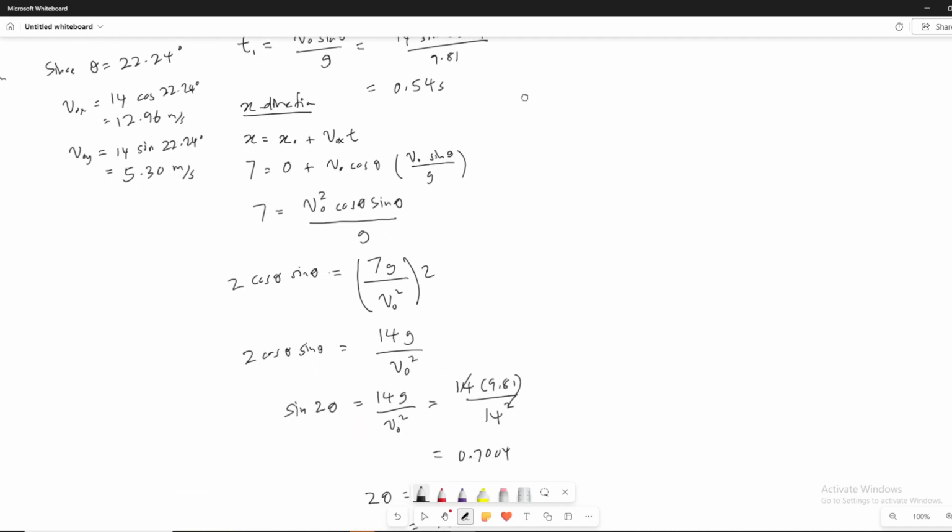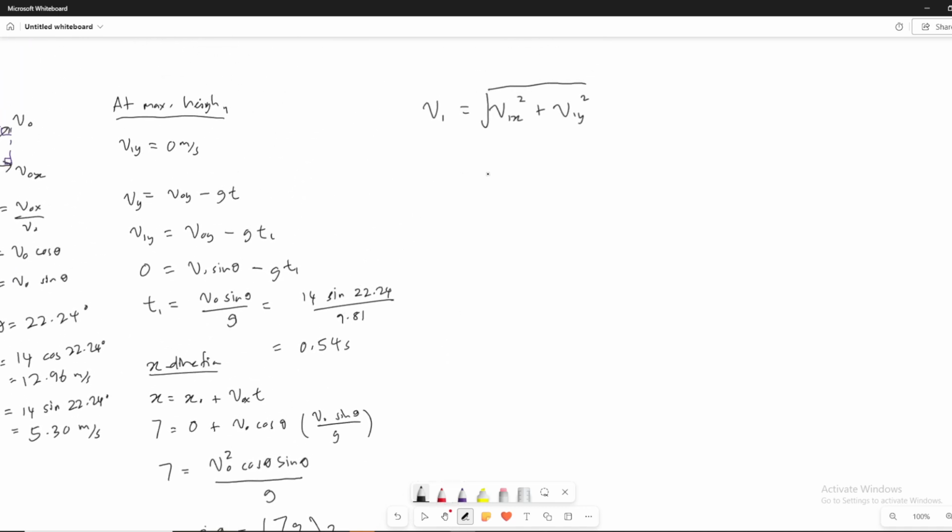We can find V1x using the x direction kinematic equation. Vx equals V naught x, no, there's no plus actually, because there's no acceleration.